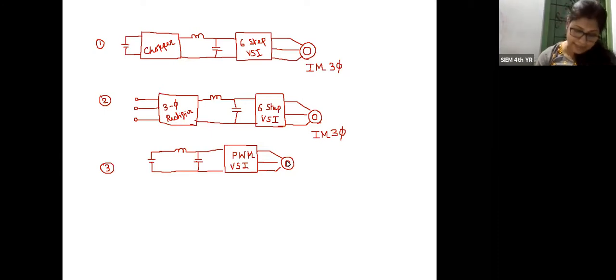So this is another design aspect. We can design this VSI in this way also.